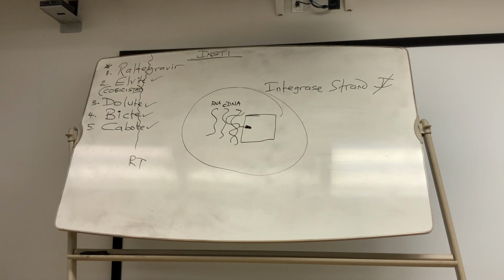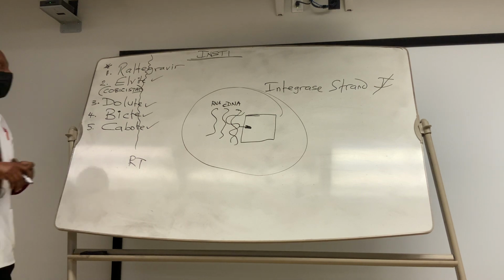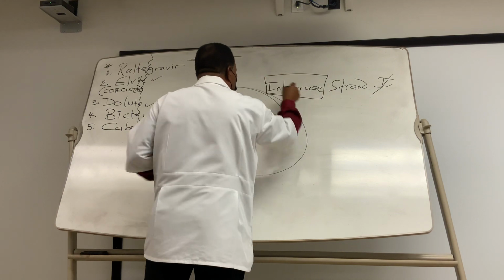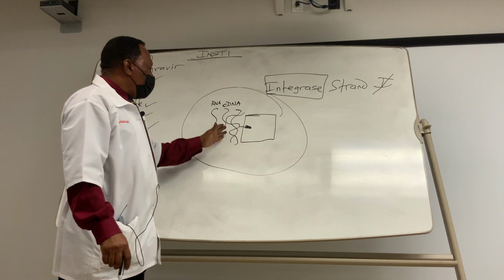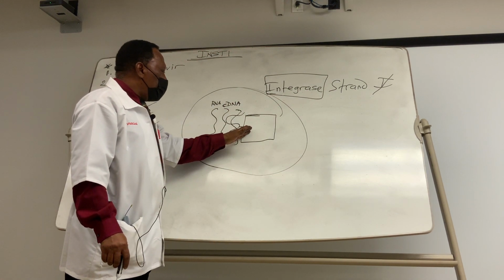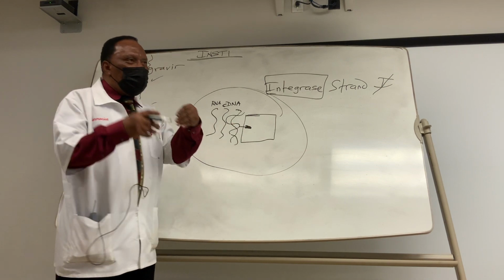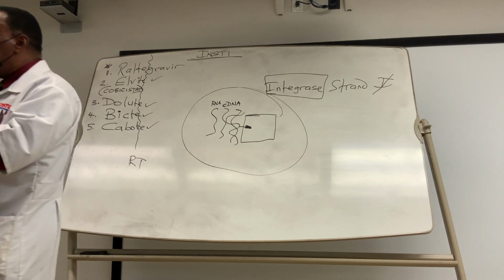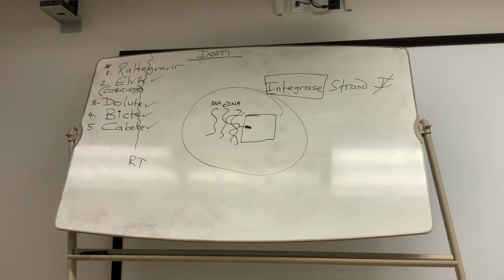The movement of that DNA that was formed from the original viral RNA is carried out by this enzyme, integrase. So it brings in the DNA that is formed now and it embeds that DNA into the host cell nucleus.